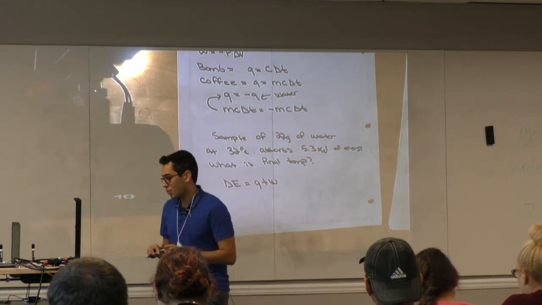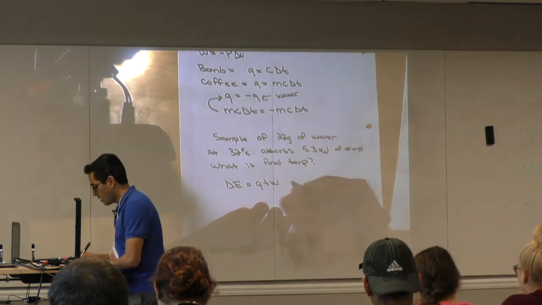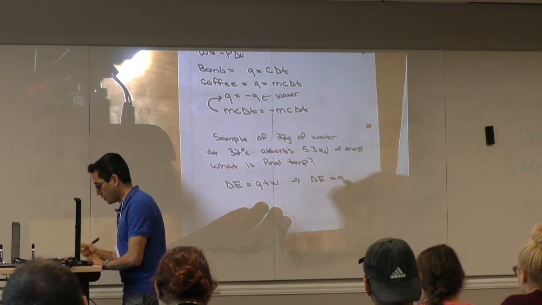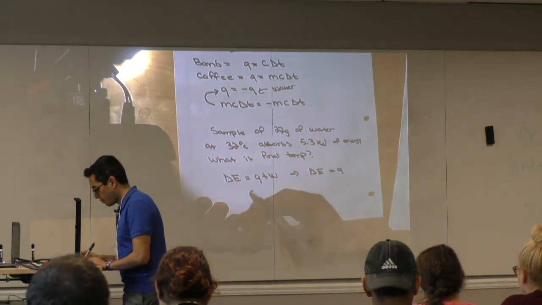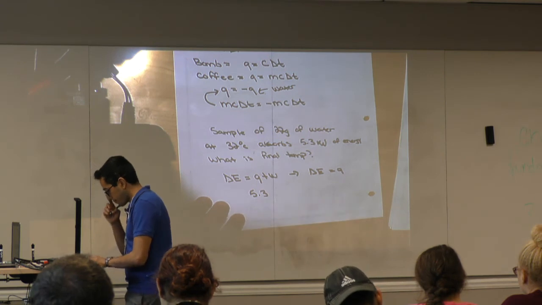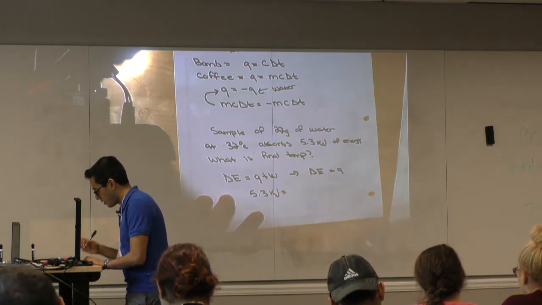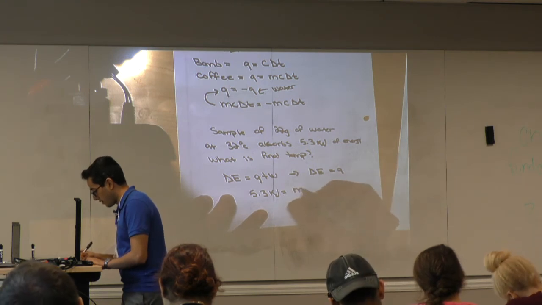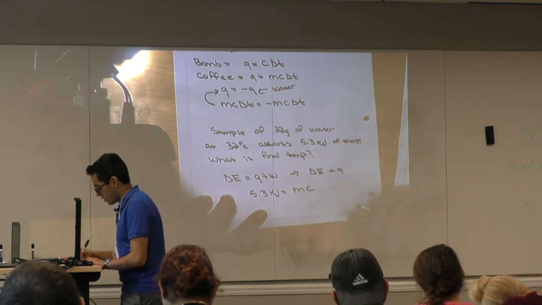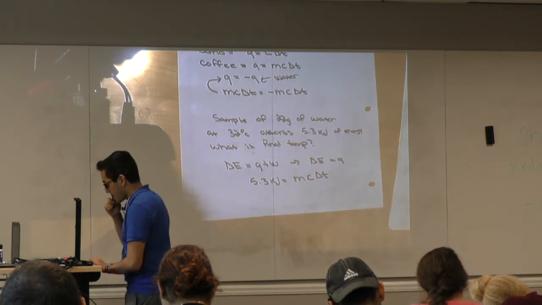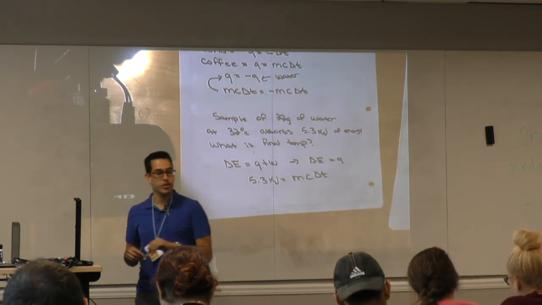So in this case, we can essentially just say delta E is equal to Q, where 5.3 kilojoules is equal to the mass given, C, and then delta T, right? And so we can now solve for the change in temperature.